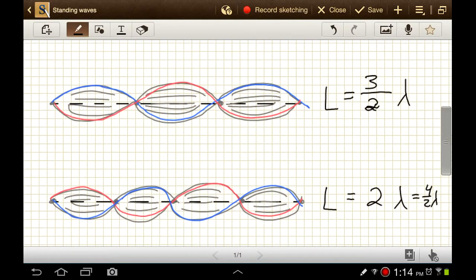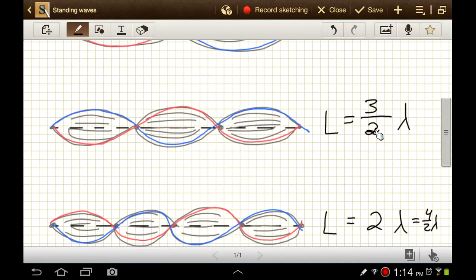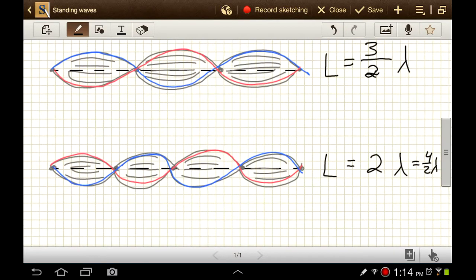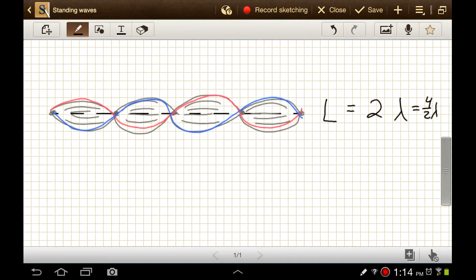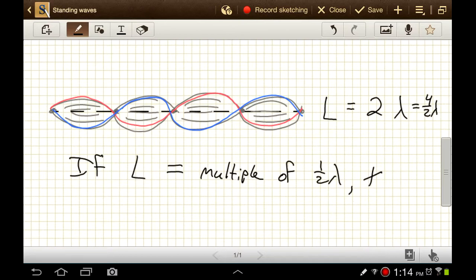When we do that, we can see that if our length is some multiple of 1/2 wavelength, so 1/2 wavelength, 2/2 of the wavelength, 3/2 of the wavelength, 4/2 of the wavelength, if that's the case, so if L is equal to a multiple of 1/2 of a wavelength, then a standing wave can be created.